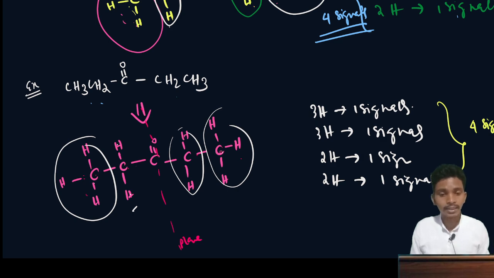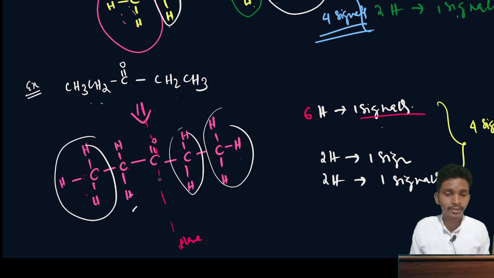This 3H and this 3H give the same signal. So instead, we write that the 6H will give 1 signal, because a plane of symmetry is there, so they do not give different signals, only the same signal. And the 4H will give 1 signal. So in total we will get only 2 signals.